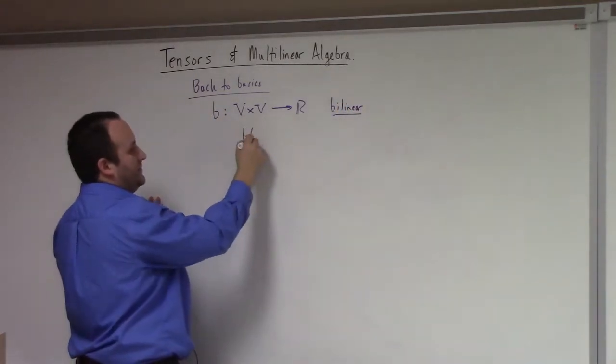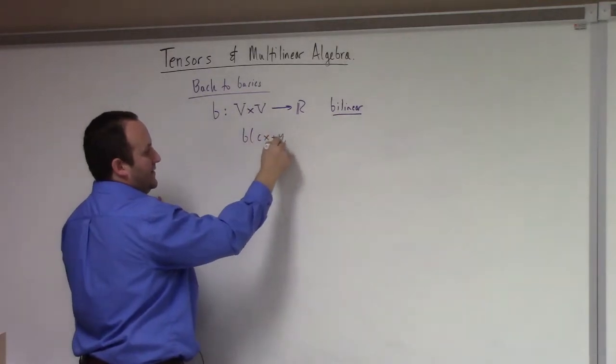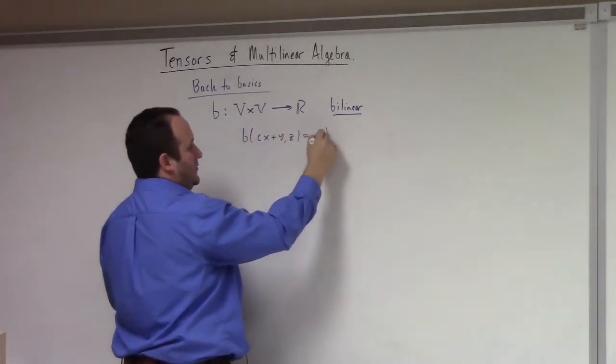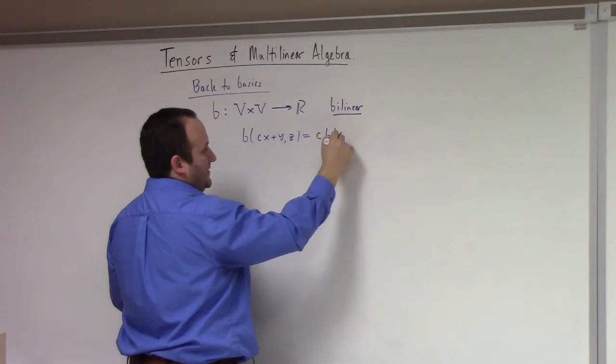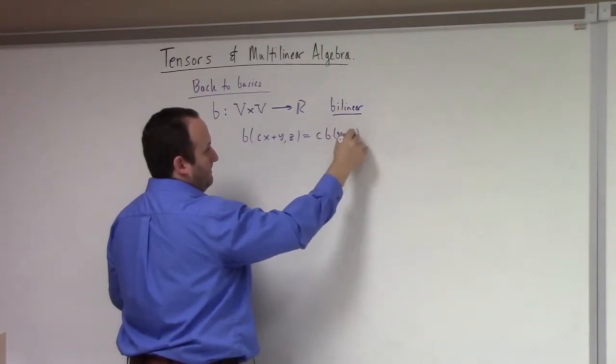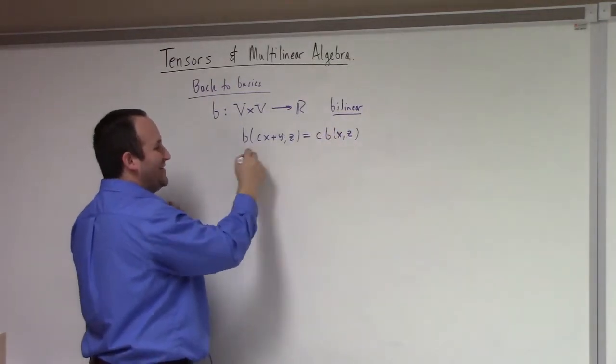We have B of cx plus y comma z. We've seen this in the homework before, right? And I think I've talked about this in class, yeah? In the test, yeah. Good point.